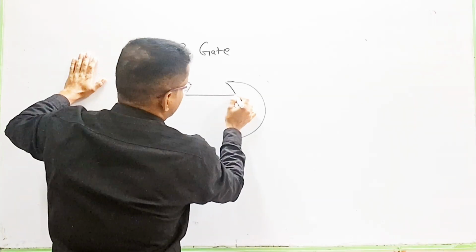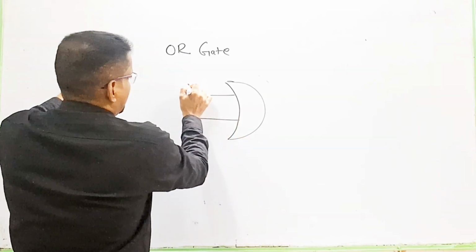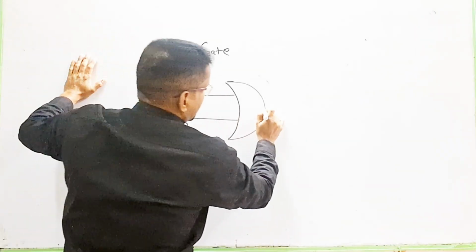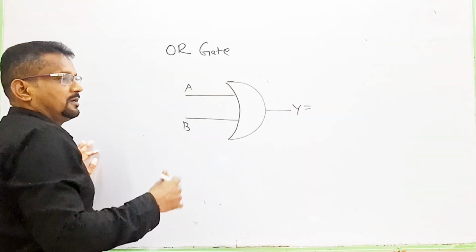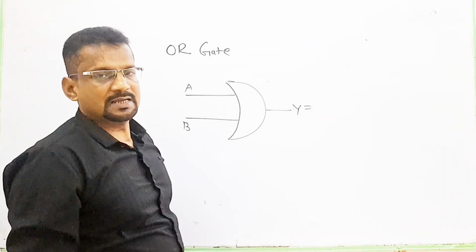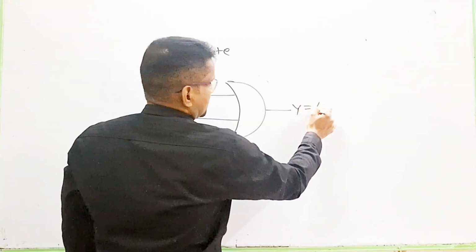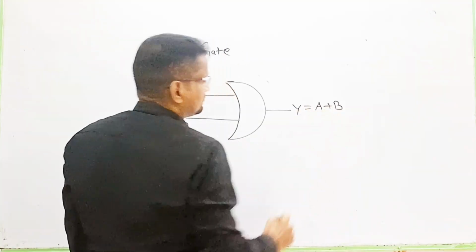There are also two inputs, input A and input B, and only one output Y. As it is the OR gate, and in set theory also, OR means plus, so you can denote it A plus B.